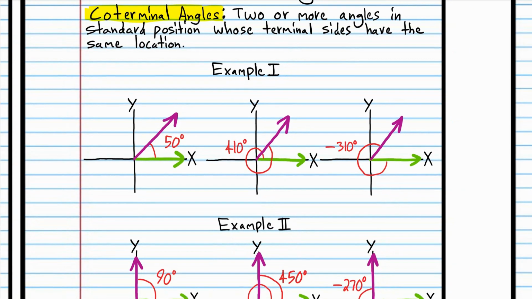Also, a negative 310-degree angle has the side in the same location. Because the terminal side is in the same location for every one of these angles, they're called coterminal. They all have the same terminal location for that purple side.